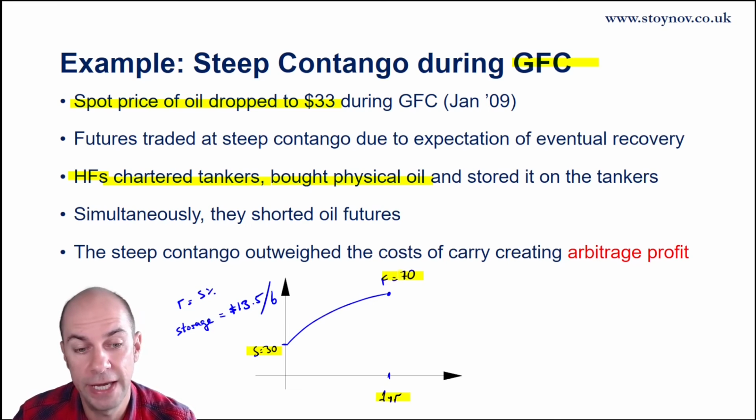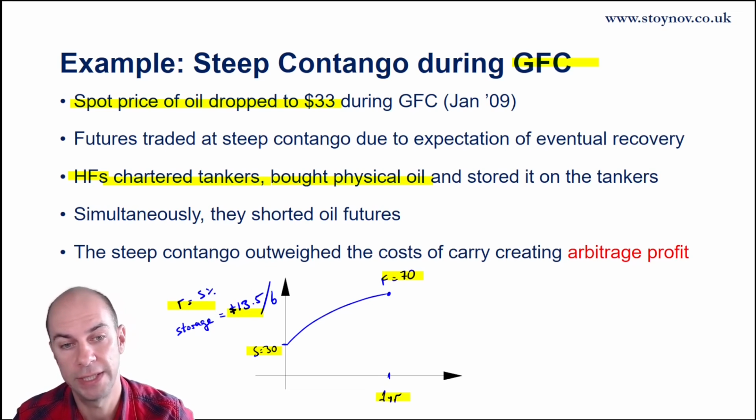Let's say that these hedge funds can borrow money at 5%, and also they can rent the tankers, store the oil, insure the oil. All relevant costs of carry amount to $13.5 per barrel. So let's see what's going to happen.